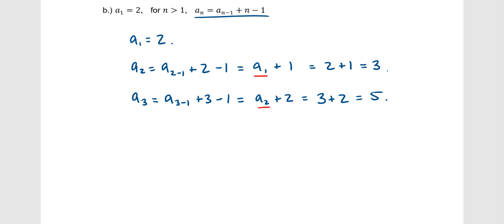And let's do one more, a sub 4. Using the definition, a sub 4 minus 1 plus 4 minus 1 equals a sub 3 plus 3, just simplifying it once again. A sub 3 we just found was 5, and 5 plus 3 gives us 8. Okay, so those are recursive definitions.